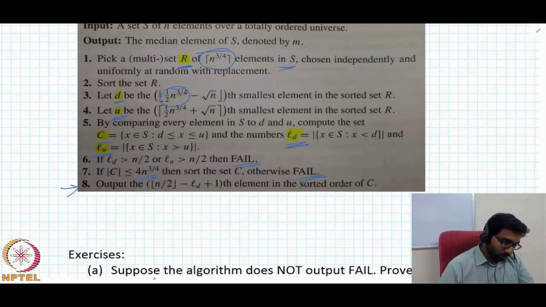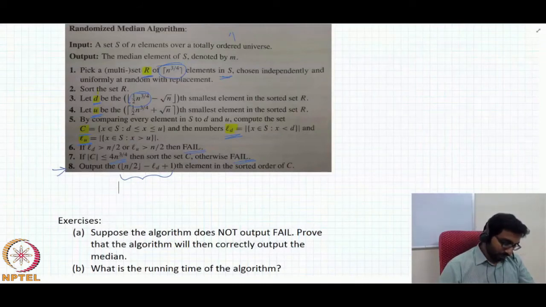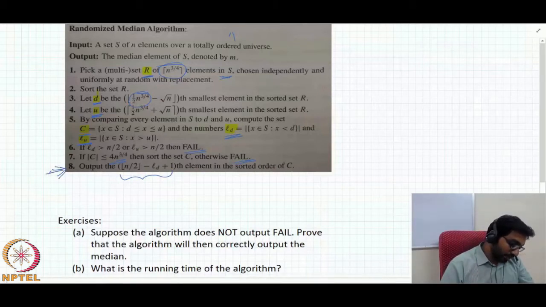And you should be able to figure out why this particular element in this sorted ordering of C is the correct median. So here's a couple of exercises for you. Suppose the algorithm does not output fail, meaning it's come up to line number 8 here.